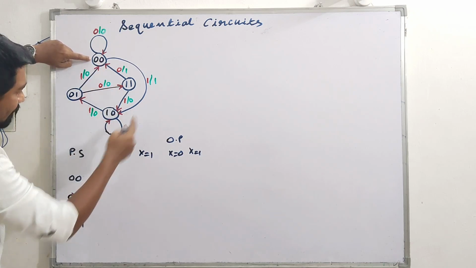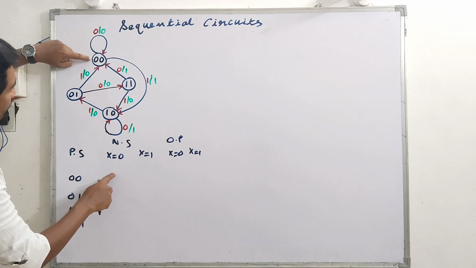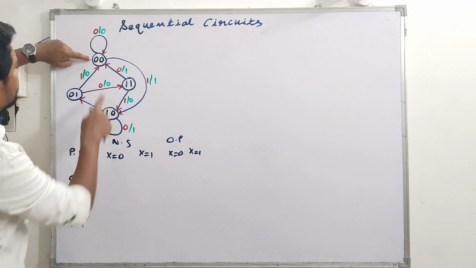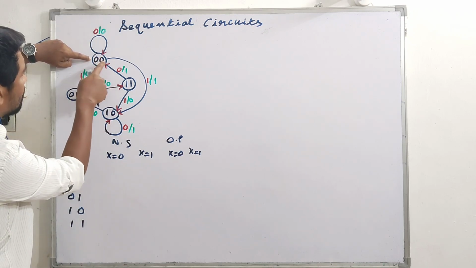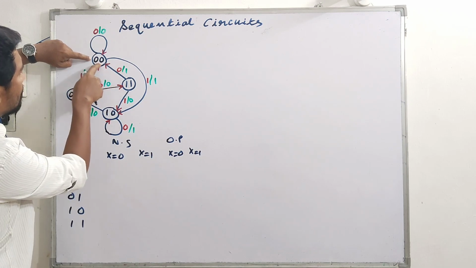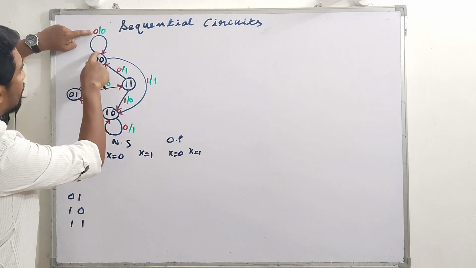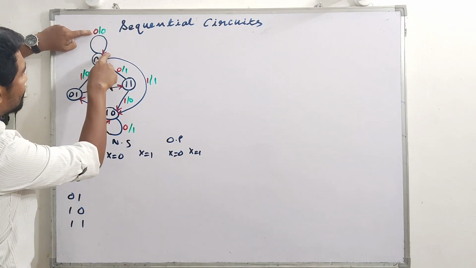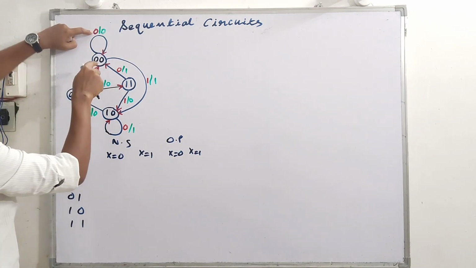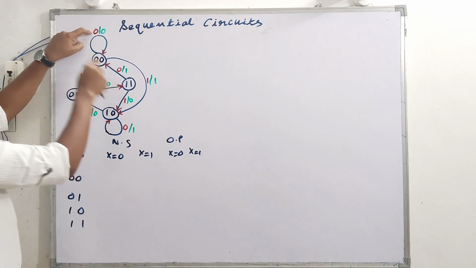What will be the next state when the input is 0? Watch carefully here: staying at this state, for input x equal to 0, the next state is the present state itself.